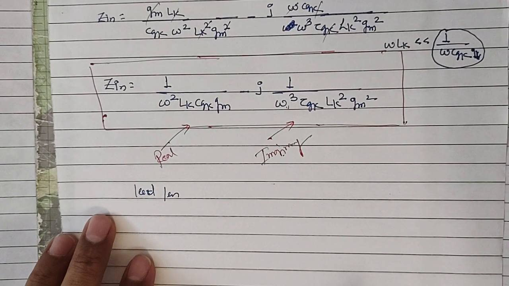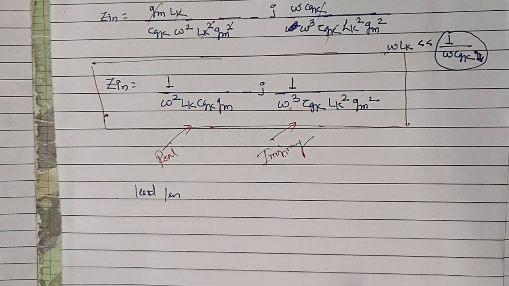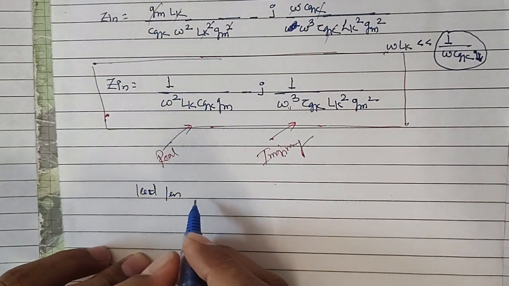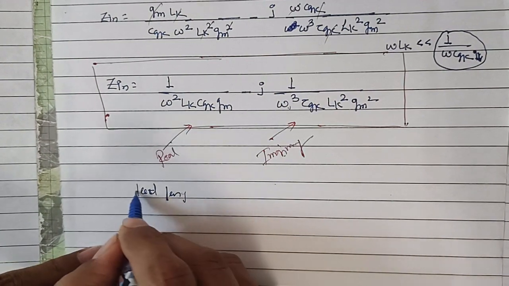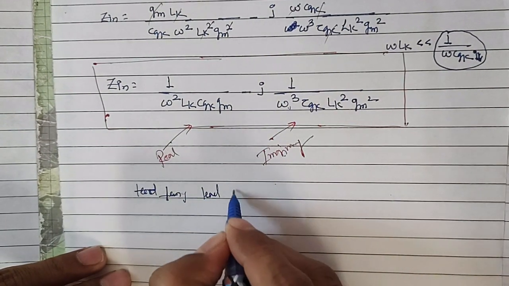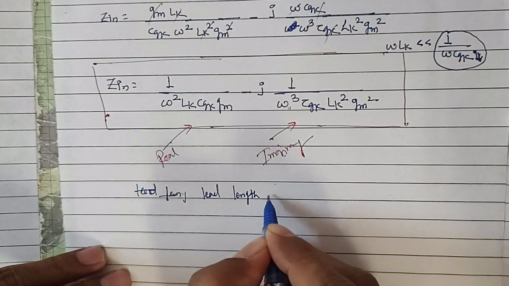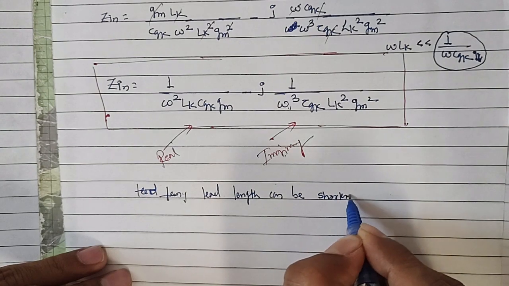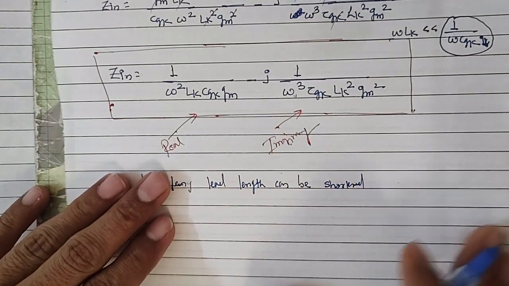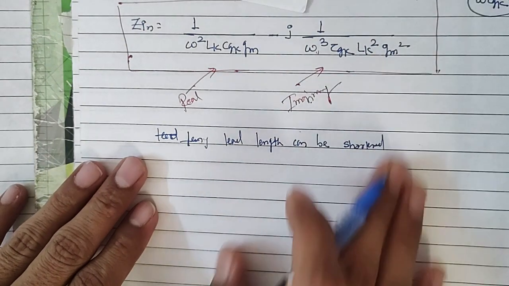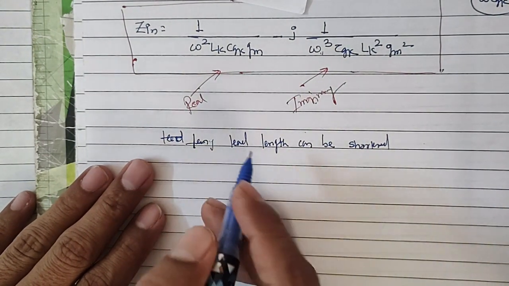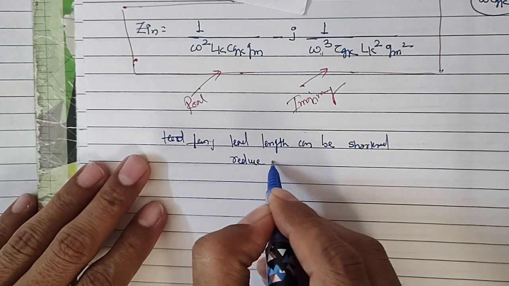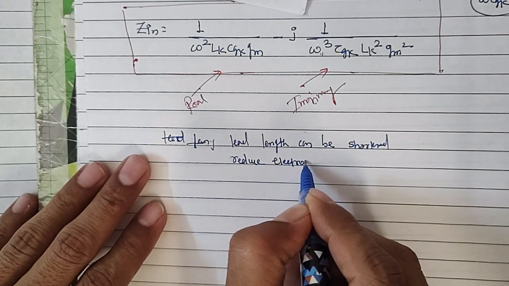So how to reduce this effect of lead inductance and interelectrode capacitance is that lead length can be shortened, or we can use leads of short lengths, or we can also reduce electrode area.